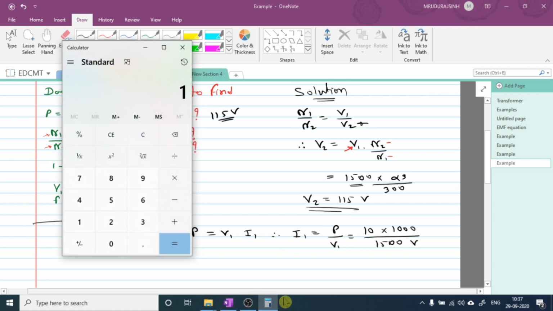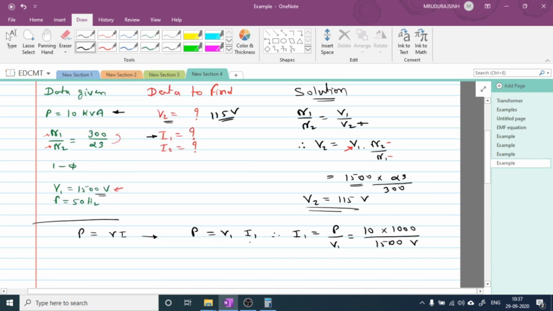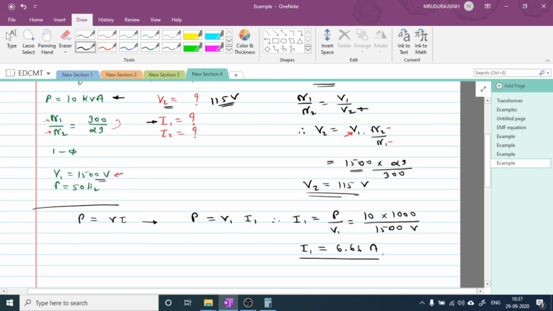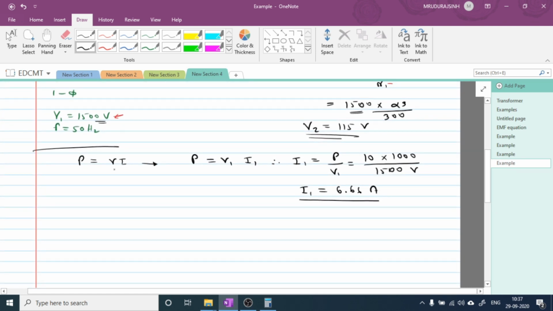So this will become 10,000 divided by 1500, and that will give us 6.66 ampere. So I1 is equal to 6.66 ampere of current will flow from primary at full load condition, because the full load is given to us as 10 kVA.